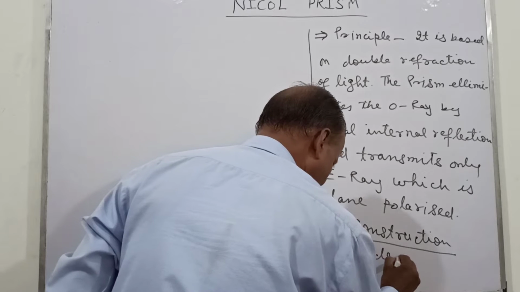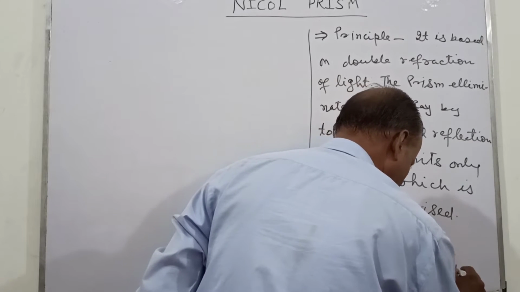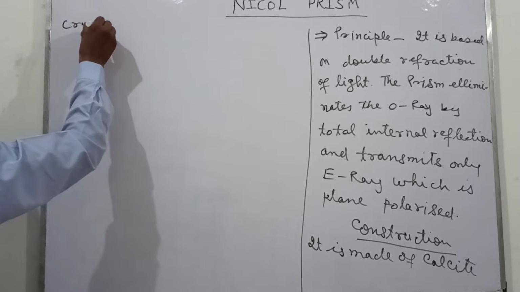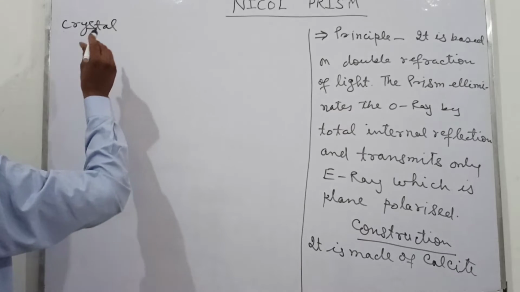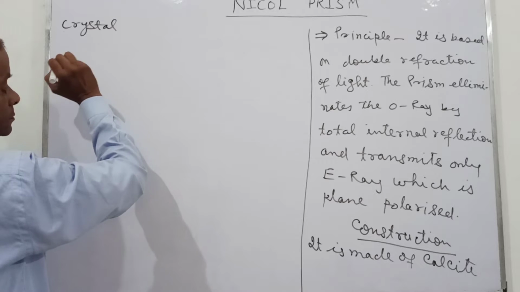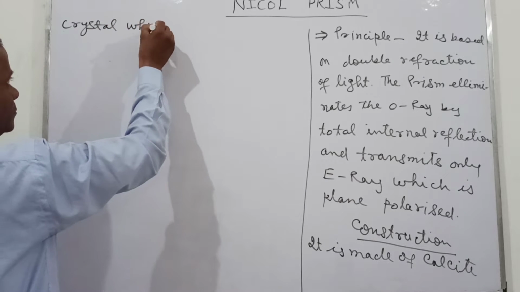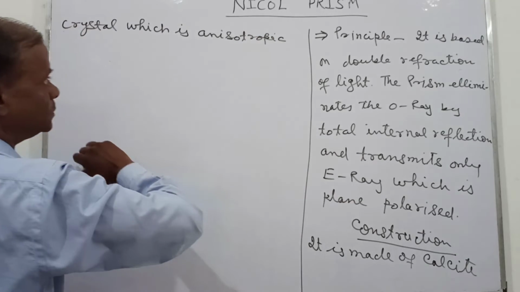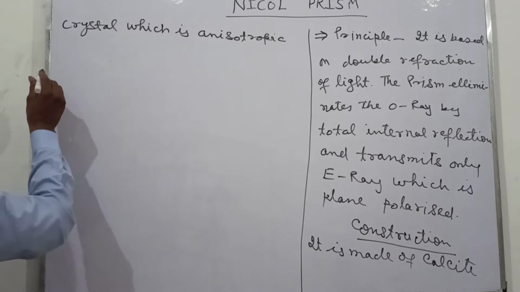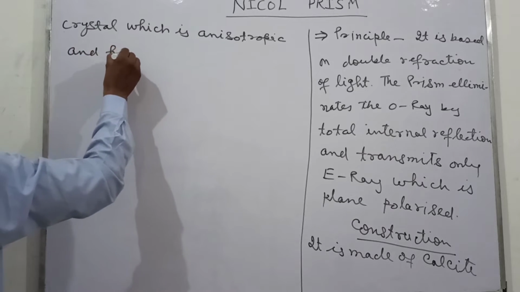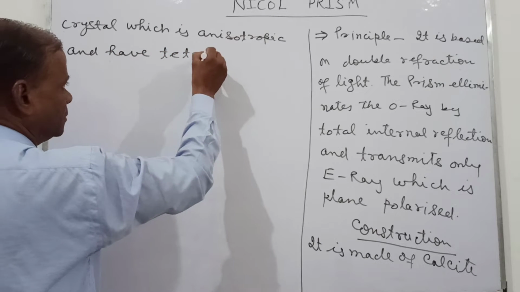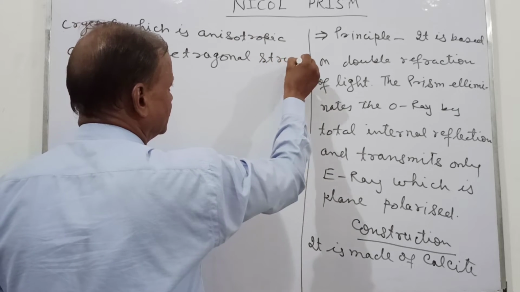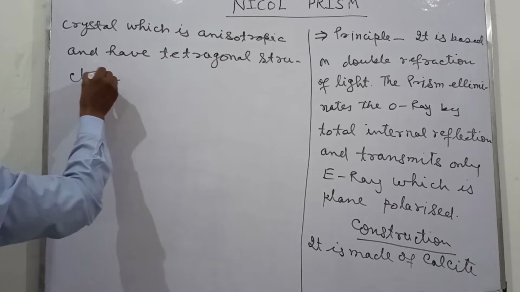It is made of calcite crystal, which is anisotropic and has tetragonal structure.